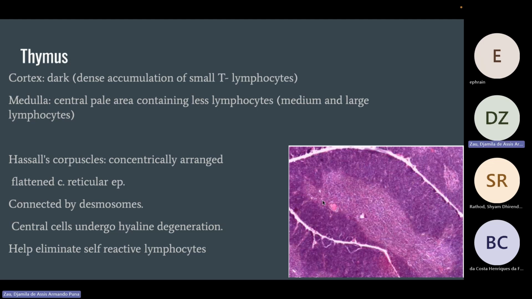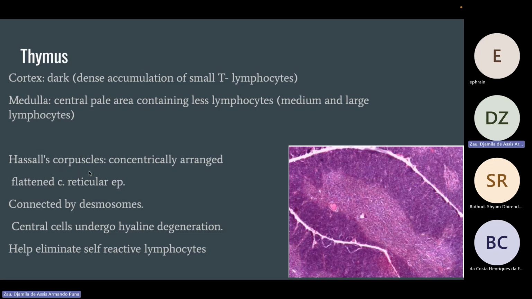So the thymus, guys, if I remember correctly, there was another structure on another slide that was easy for us to confuse with the thymus. The one thing that you guys are going to see and 100% know that you're looking at the thymus is this structure known as Hassall's corpuscles.